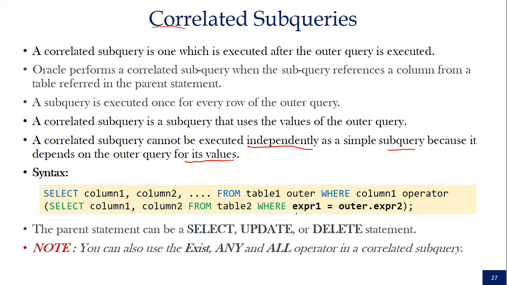Whenever we are writing an expression in the inner query, we compare expression one equals to outer expression two. In every expression written in the condition of the where clause in the inner query, we are fetching one row from the outer query, and then the subquery will compare that value with the outer query.